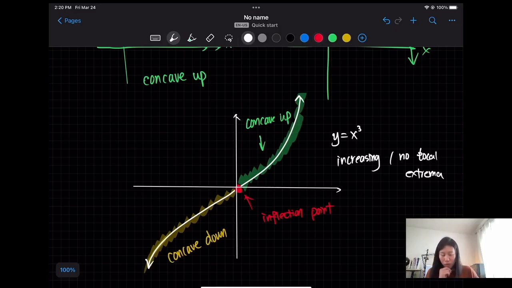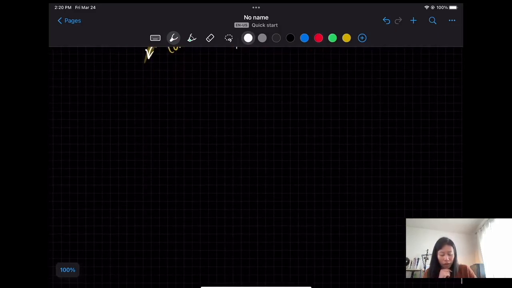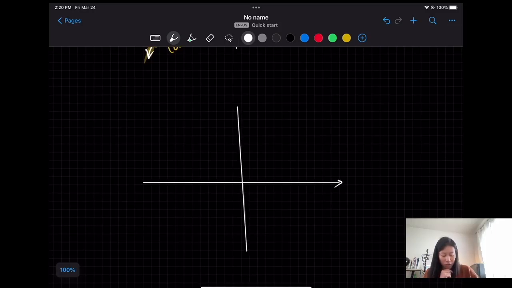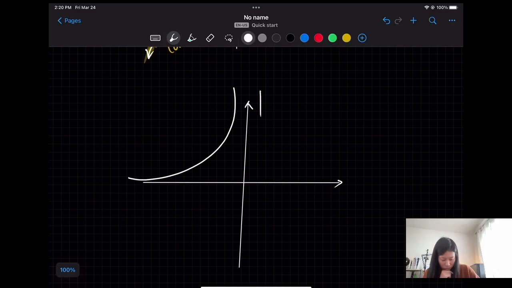For example, now let's discuss how to describe the behavior of this function. First of all, what's this function? This is a reciprocal squared function. This function on the left side is increasing.